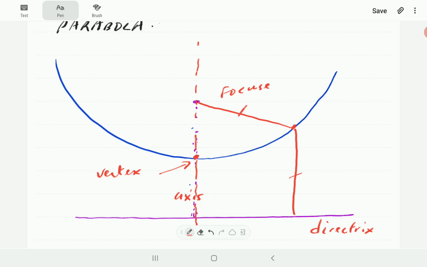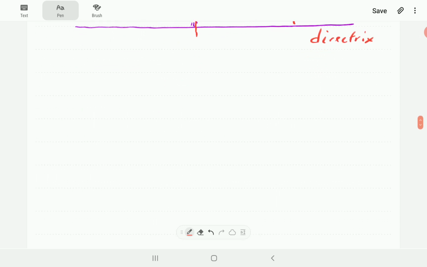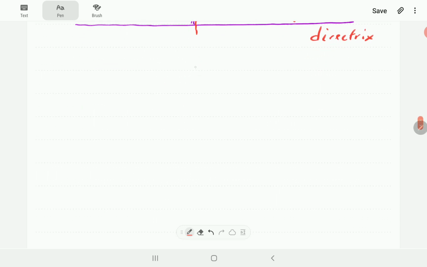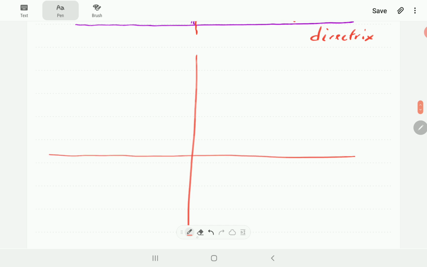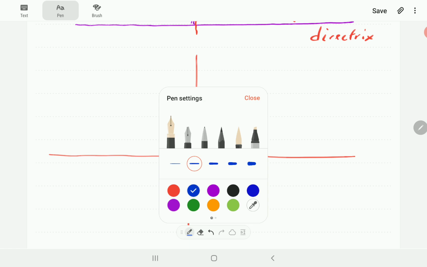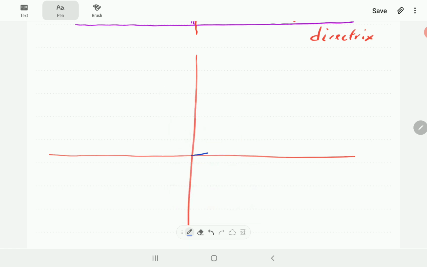Now let's talk about the equation. I'm just going to do a quick derivation of the equation of this parabola. So take the case where the vertex of the parabola goes through the origin.